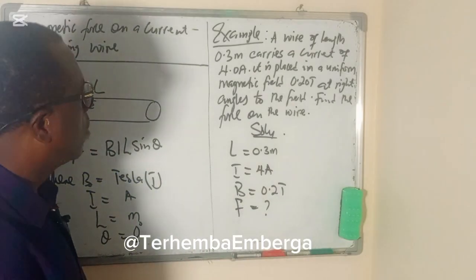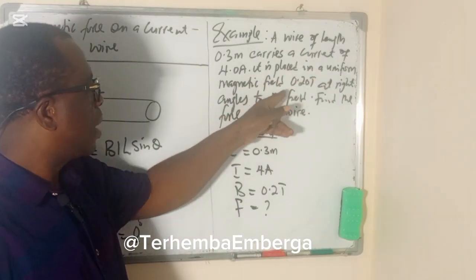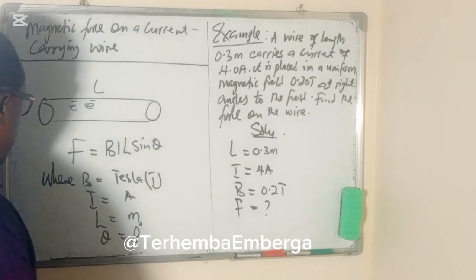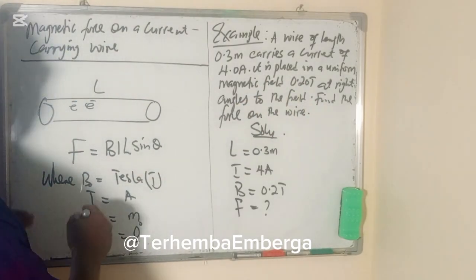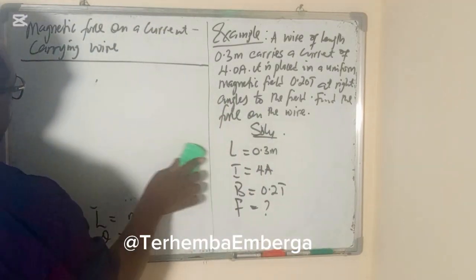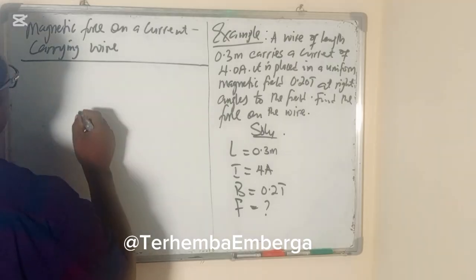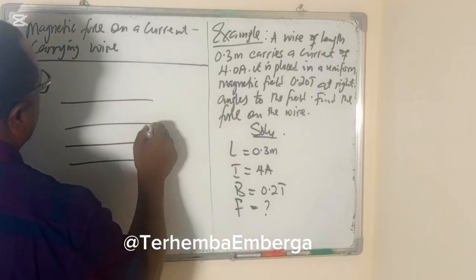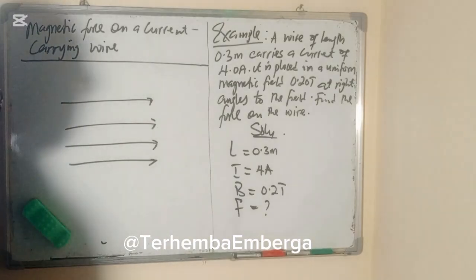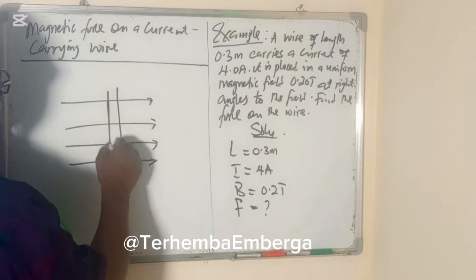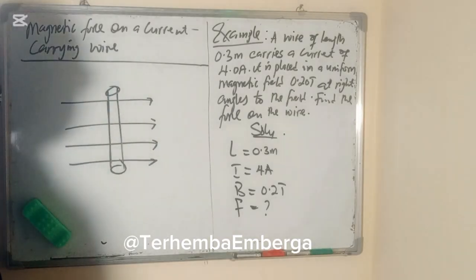Of course, it is placed in a uniform magnetic field of 0.20 Tesla at right angles. If these are the field lines, and the conductor is placed at right angle, so what happens?